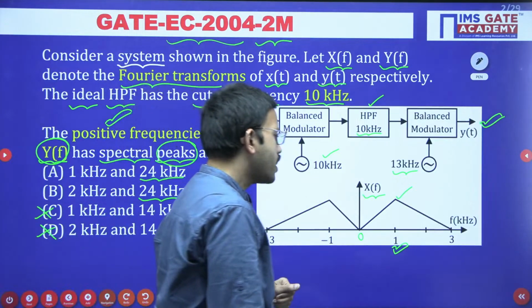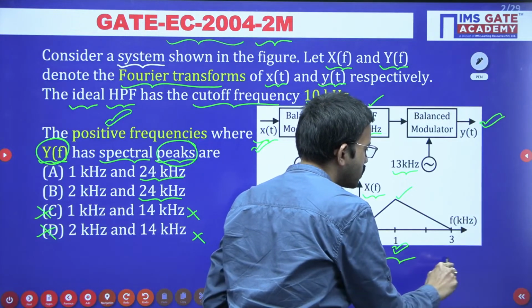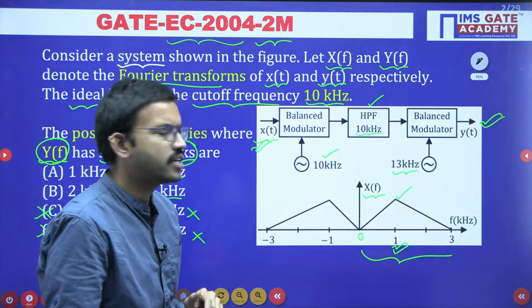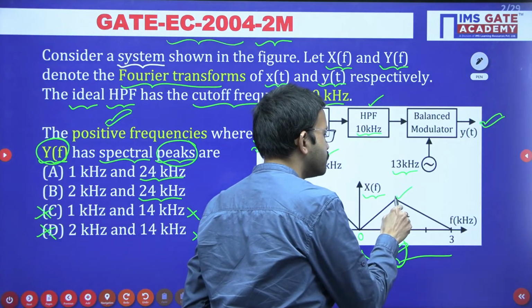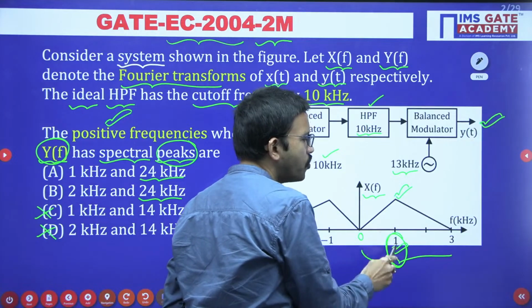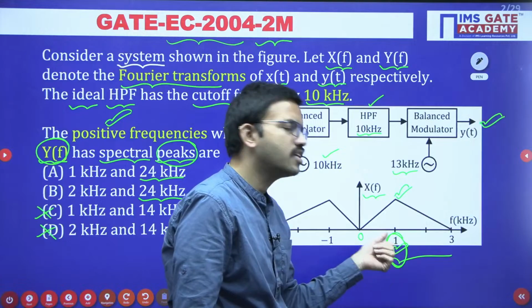When you observe from 0 to 3 kilohertz, you get the peak value at only one frequency, that is 1 kilohertz, right?